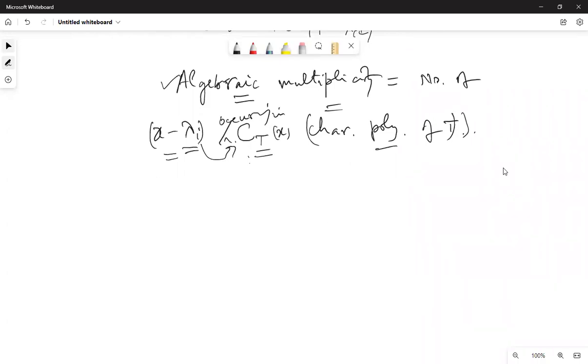We shall be discussing those examples in the tutorial class, right? So these two may be different. They may be the same as well.